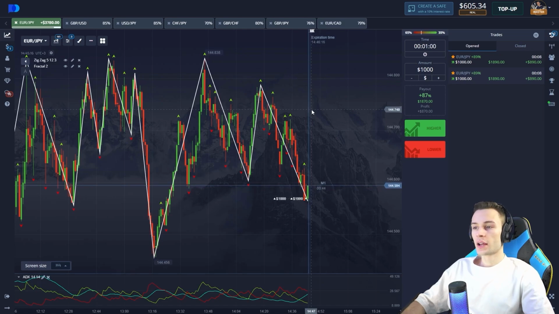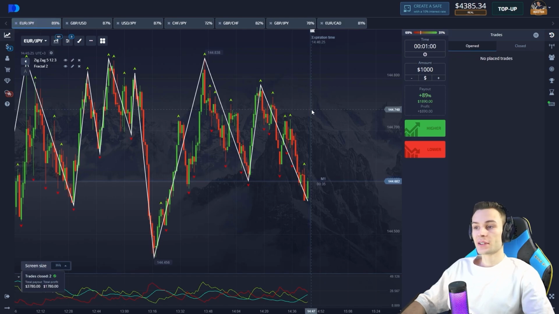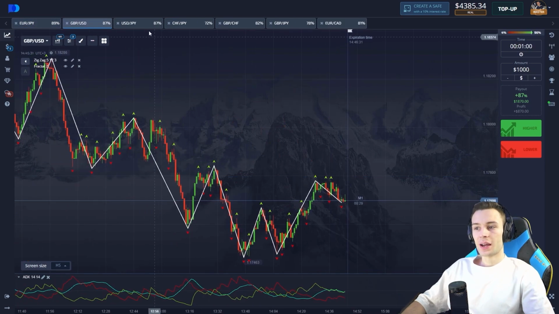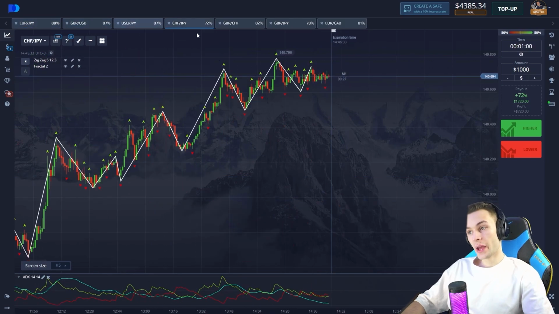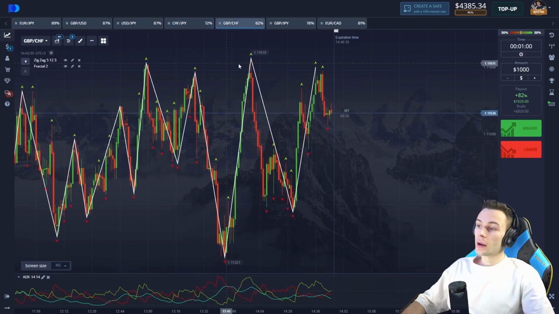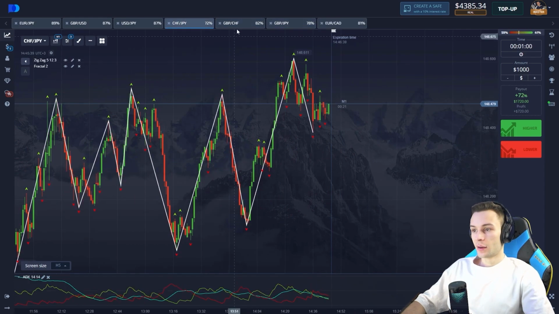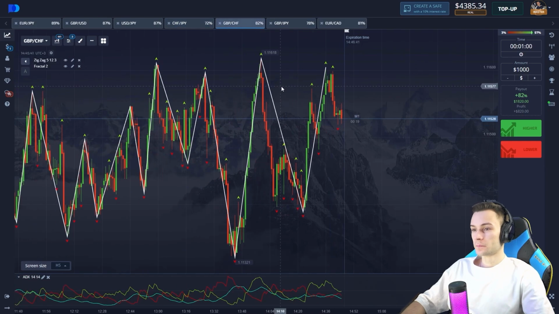There are around 5 seconds left before the closing, and you can see the candle has a huge body, very nice breakout, and we're fixing the profit. There are more than $4,000 on the balance, really decent result, but I don't want to stop on this. I want to multiply the profit even more, and let's continue our trading session and find another currency pair.